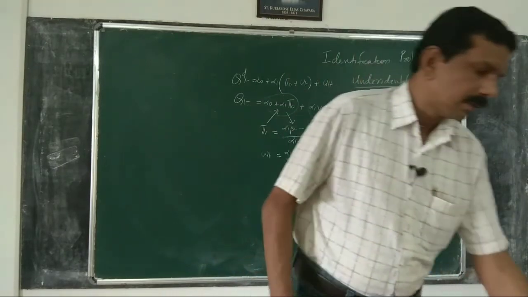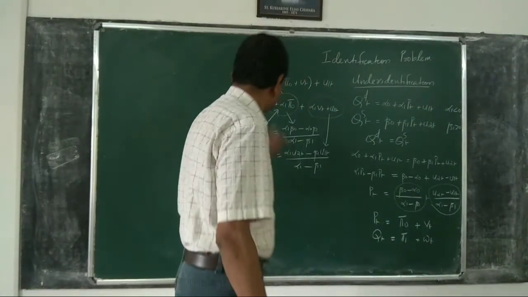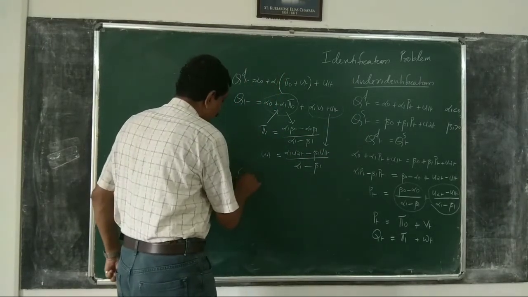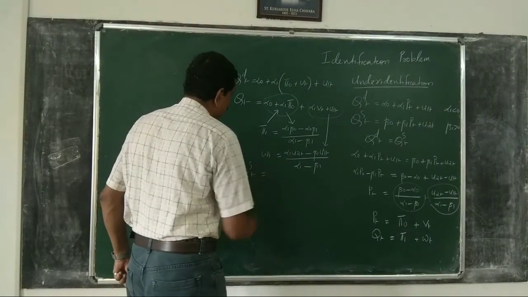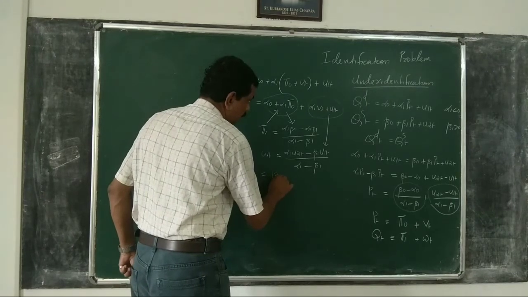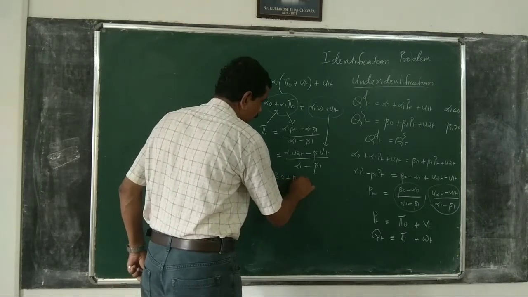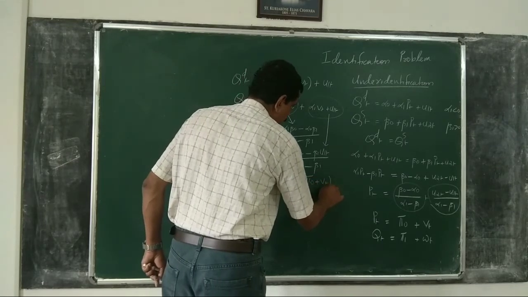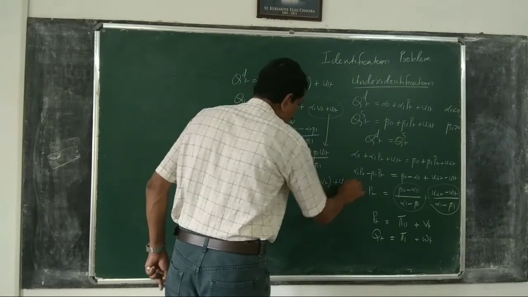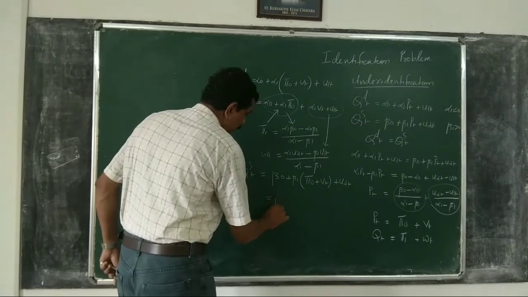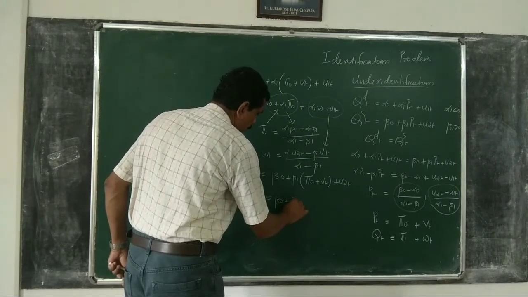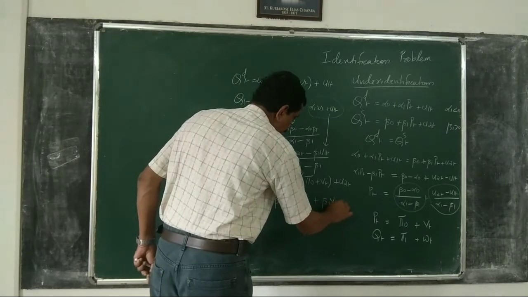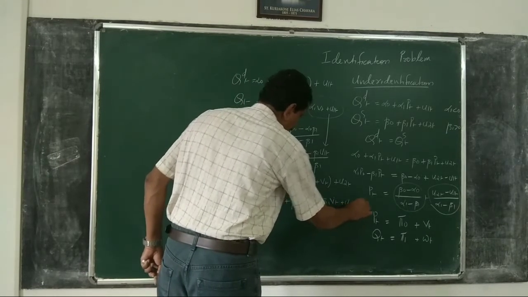Now, if you substitute this Pt in the supply equation, you will get Qst as equal to beta 0 plus beta 1 pi 0 plus Vt plus u2t, and this is equal to beta 0 plus beta 1 pi 0 plus beta 1 Vt plus u2t.